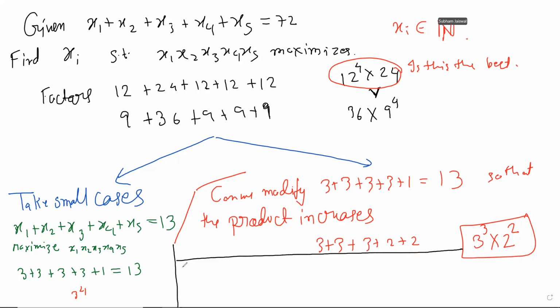So you can take another example and try. Take 9 or anything, or maybe a bigger example, you can take 15.